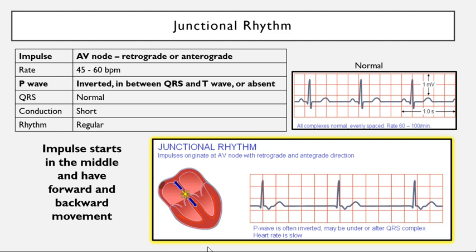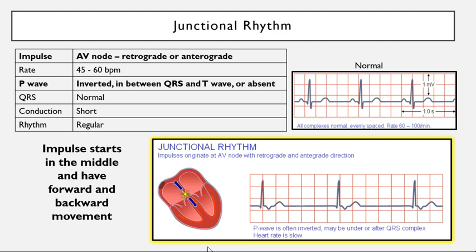Okay, and so what that's going to look like on an EKG is that you can see there is no P wave in front of the QRS complex. First of all, right? You see what I'm saying? Look at the middle wave, the highlighted one. There's no P wave in front of it, and that is because the P wave is stimulated after the QRS complex, but it's also upside down if you look.